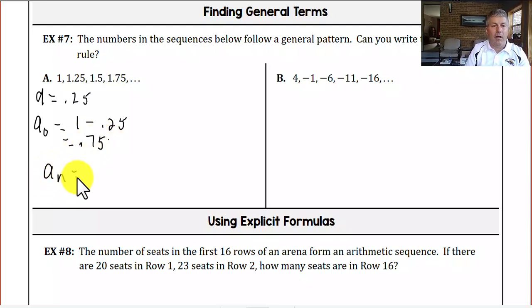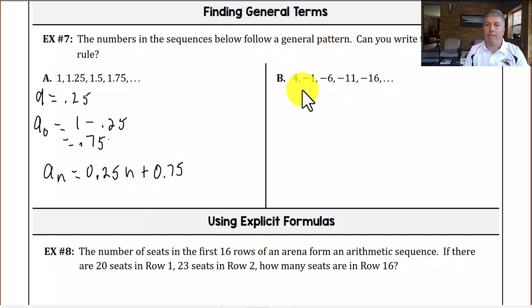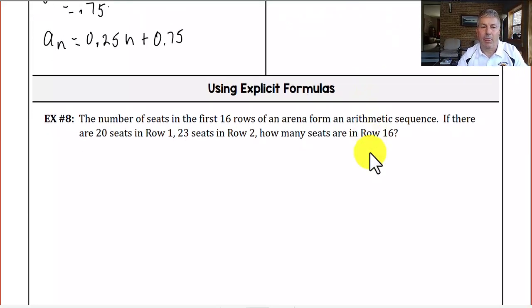So our formula, a sub n equals 0.25n plus 0.75. I'll leave B for you to do and bring that to class. I bet you can do that one. And we'll move on to number 8.